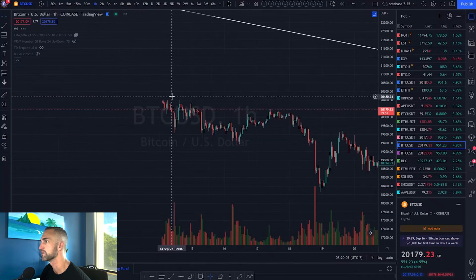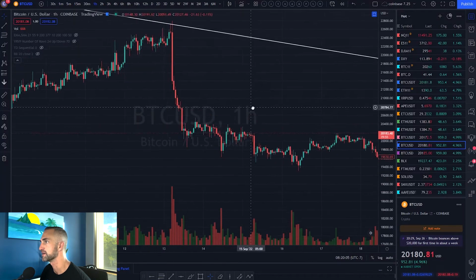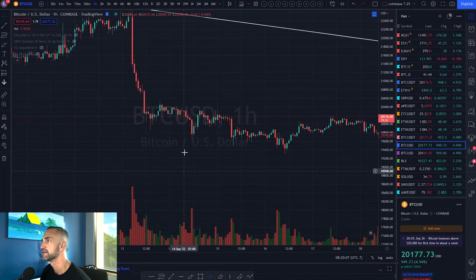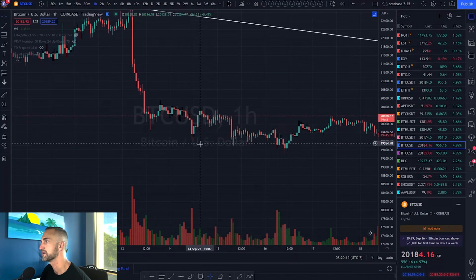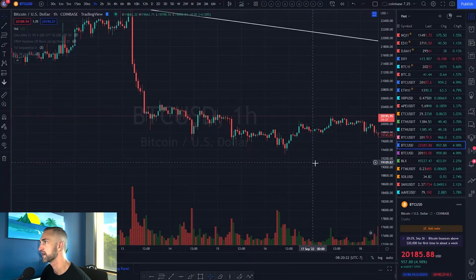Let's see where we got another one here for a downside move. So we clearly have a lower low, lower high, and there's a higher low, lower high. Okay. So you can see the downtrend just continues. You get lower lows, lower highs, lower lows, lower highs.